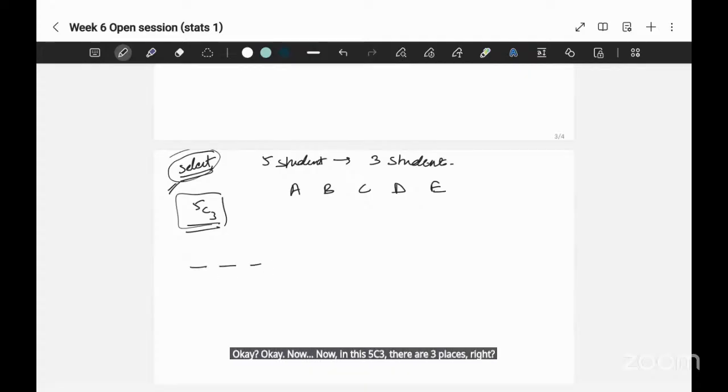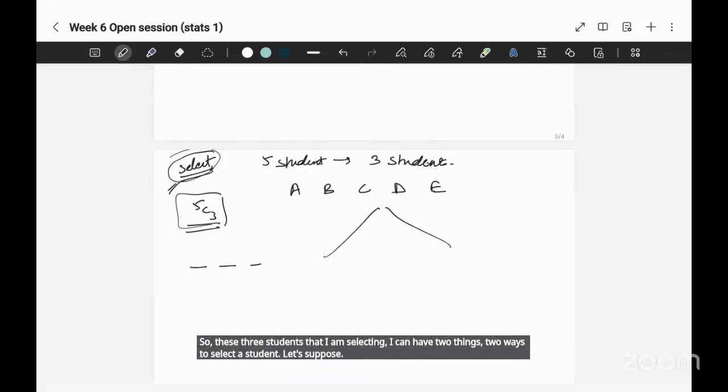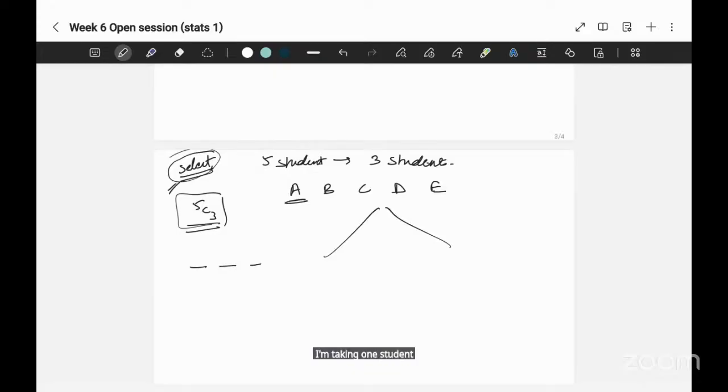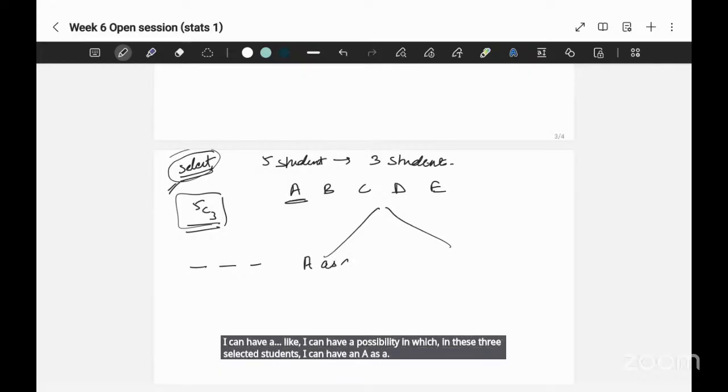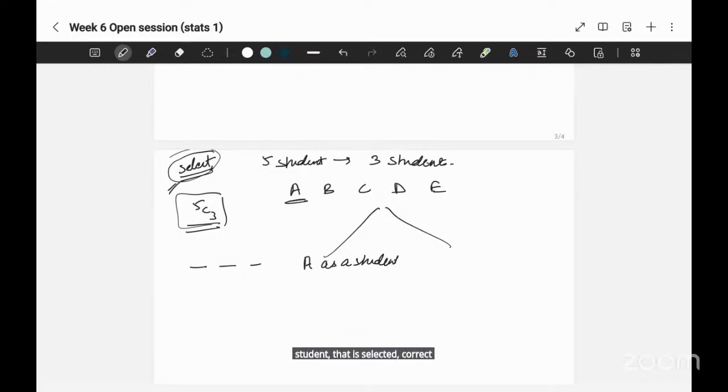For these 3 students that I am selecting, I can have two ways. Let's suppose I am taking one student A. In these three selected students, I can have A as a student that is selected. Correct? Can I have that possibility?